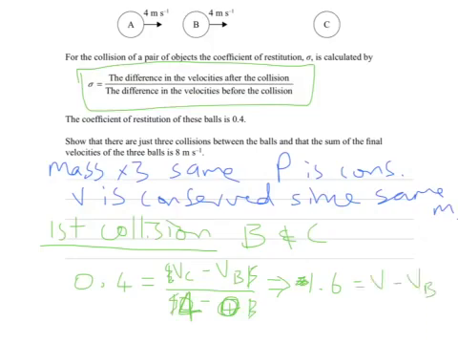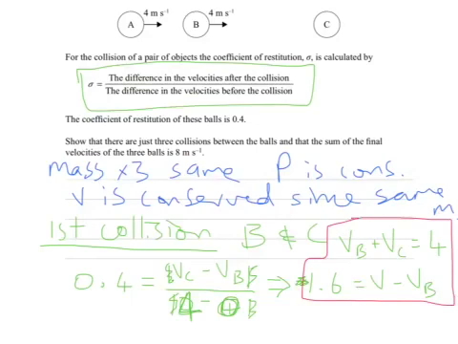So that's one equation. We can form another equation, which will be the momentum equation, which is actually the velocity equation, because remember the masses are all the same. So we can just do the velocity of B plus the velocity of C equals 4. So now we have two equations and two unknowns, and we can simultaneously solve them for VB and VC.